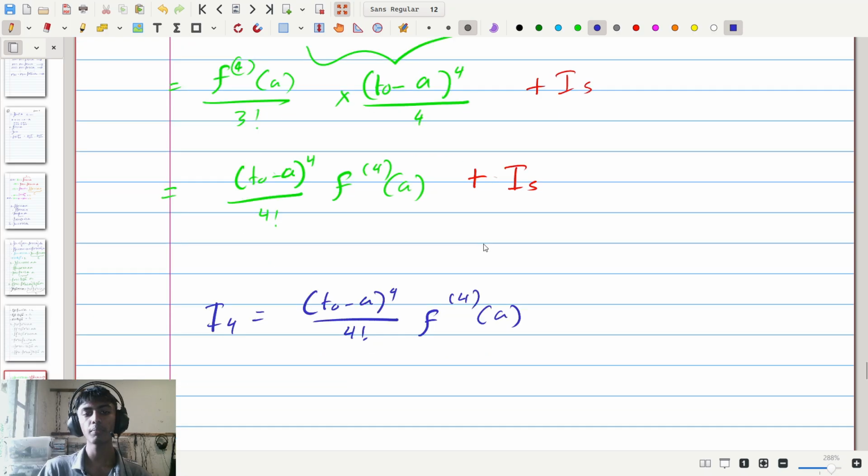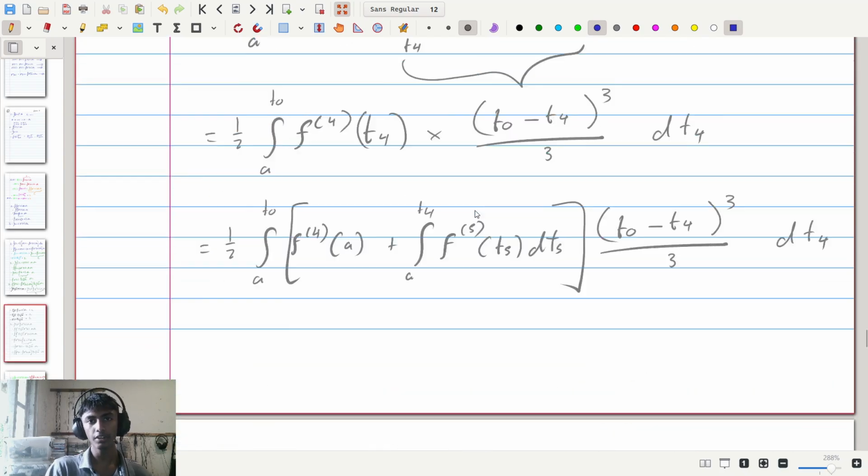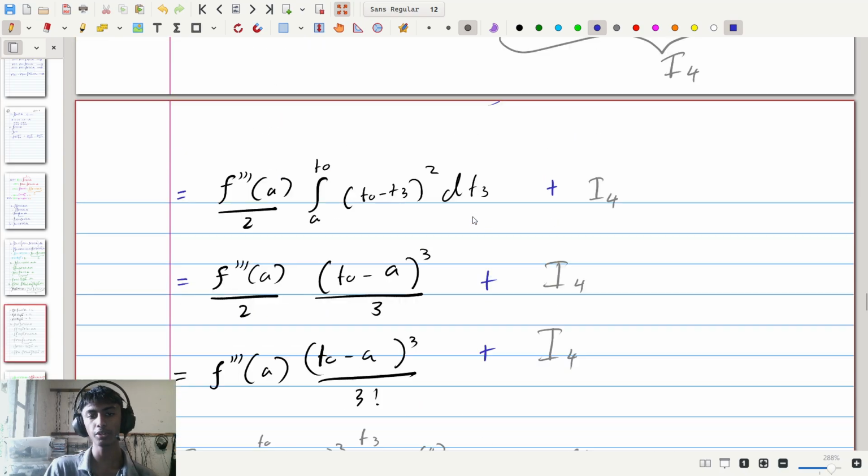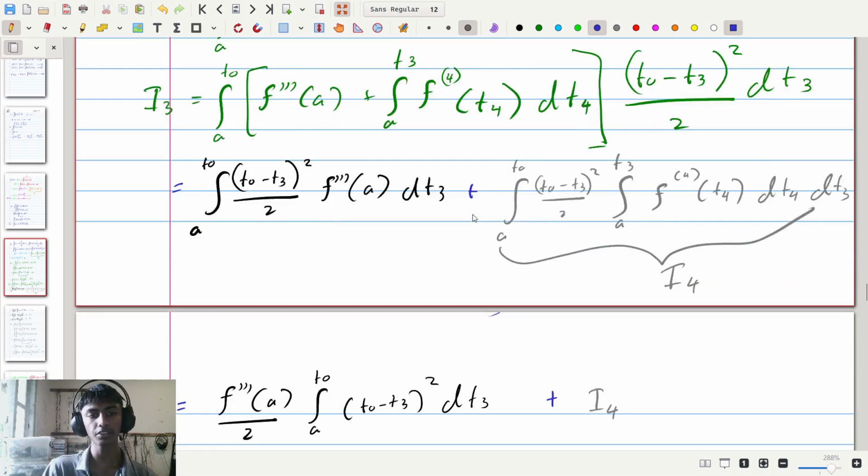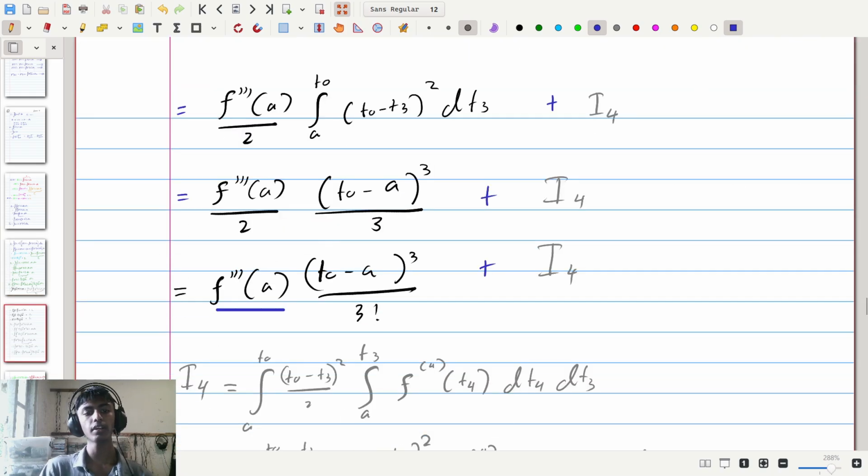We can continue by induction, but we're not going to do that. We're just going to look at the pattern and show that the pattern exists. Well, we could rigorously prove this by induction, but we're not going to. The next part here, I3, is going to be the third derivative of f evaluated at a times (t0 minus a) cubed over 3 factorial plus I4.